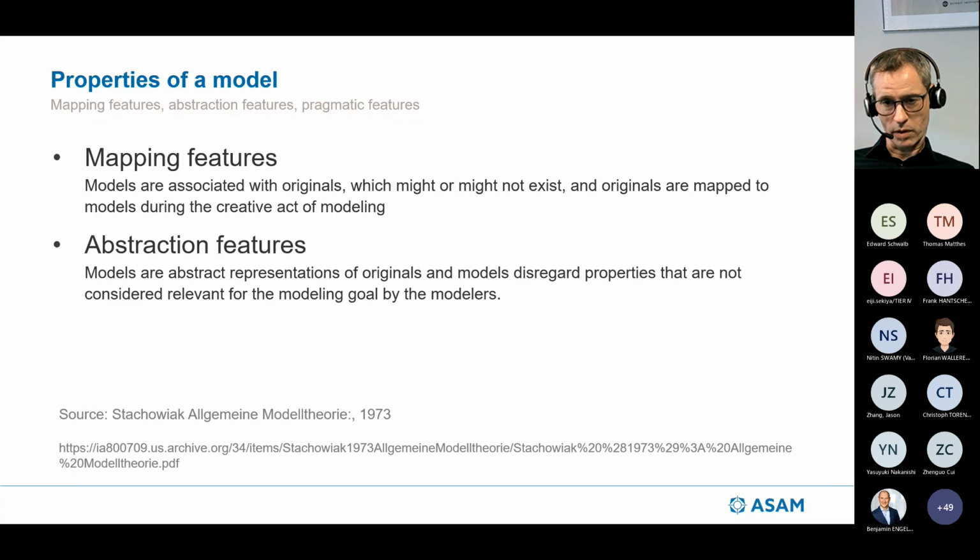The next thing we have is abstraction features. This is not about mapping. This is about disregarding properties of an original that are not considered relevant for the modeling goal by the modeler.